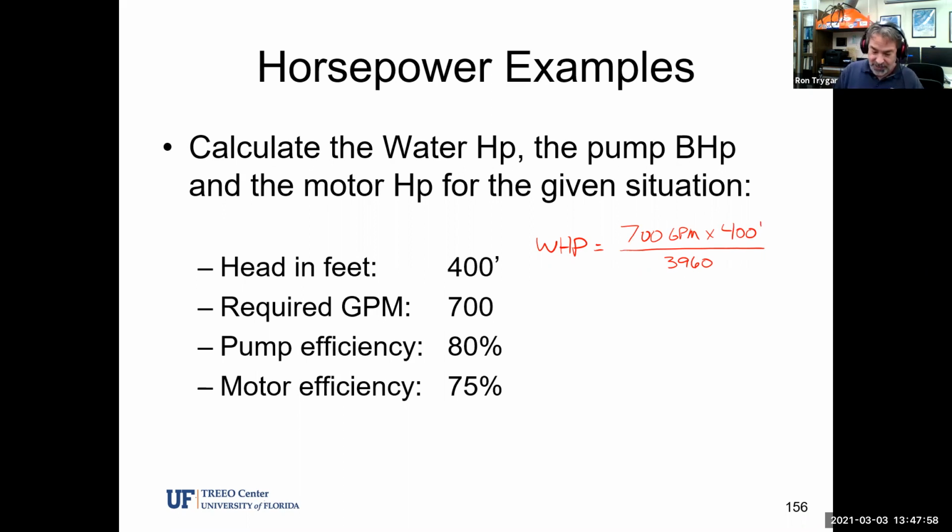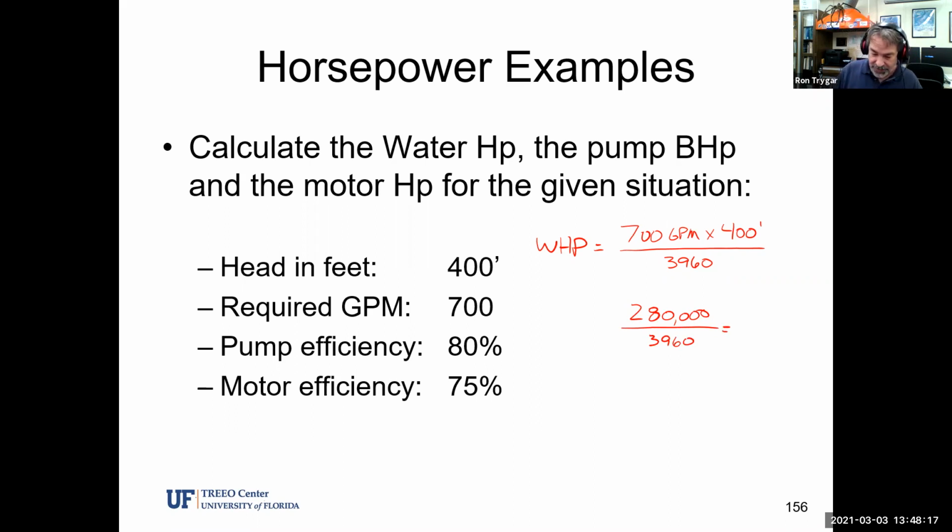So let's work this out. 700 GPM times 400 comes out to be 280,000. Divide that by 3960, and that is going to give me my water horsepower.